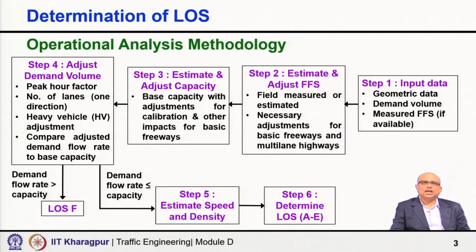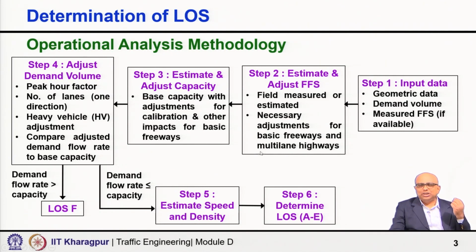To continue with that, let us once again look at these 6 steps. We start with the input data, where we have geometric data, demand volume and measured free flow speed, if we can do field measurement, and that of course is desirable. If we cannot do that, then we have to estimate and adjust the free flow speed.